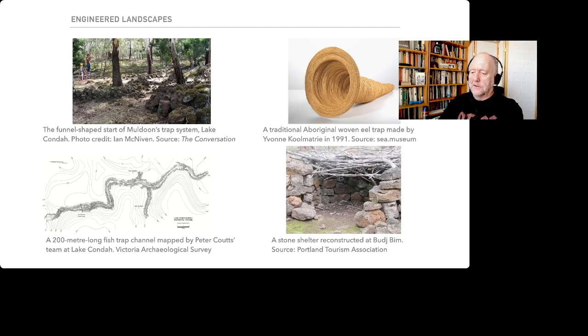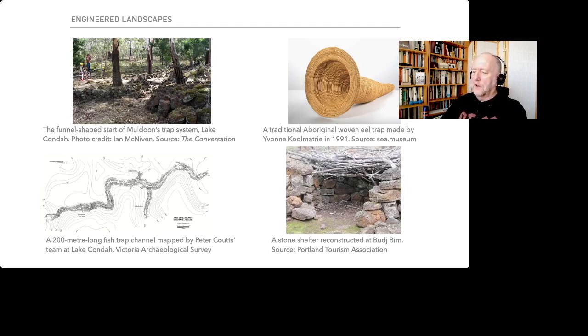Coates estimated that the volume of basalt blocks moved measured in the many hundreds of tonnes. And according to the Australian National Maritime Museum, the traps are a series of canals and graded ponds running for some 35 kilometres around the lake.